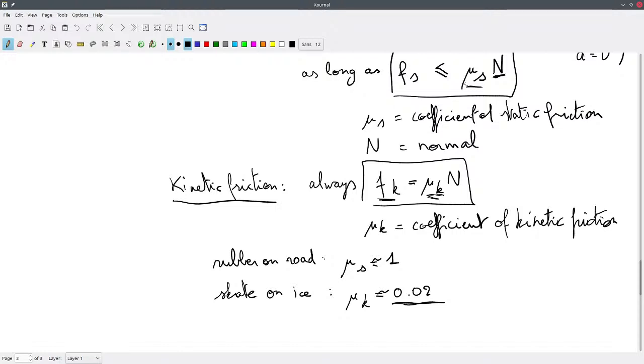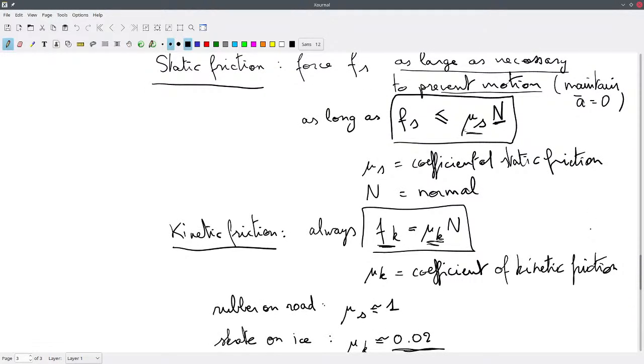But fundamentally you cannot have static friction be smaller than kinetic friction, because that would almost make it preferable for objects to move with respect to each other than to be static with respect to each other, and that doesn't make sense.